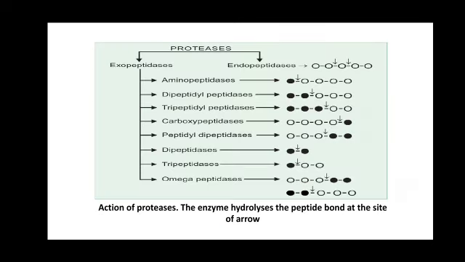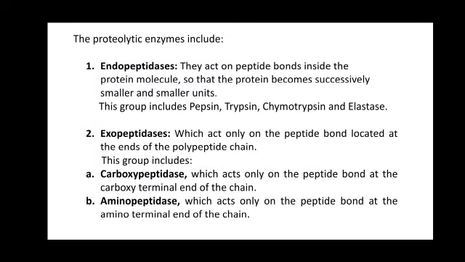And these proteins are digested by the proteases. They are classified as exopeptidase and endopeptidase. The enzyme hydrolyzes the peptide bond at a particular site. So the proteolytic enzymes include endopeptidase and exopeptidase.